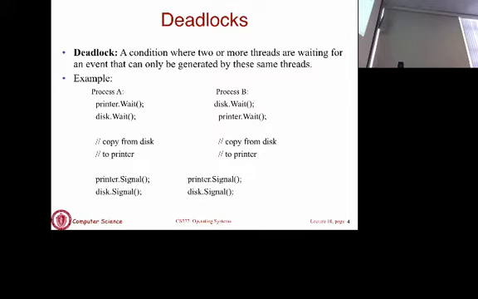A very simple rule of thumb is, if you have n resources, all of which are protected by a lock, you number them in some order. Doesn't matter what order, pick an order. You just number them 1 through n. And at any point, if you have to hold multiple locks, always acquire the locks in increasing order of their IDs.